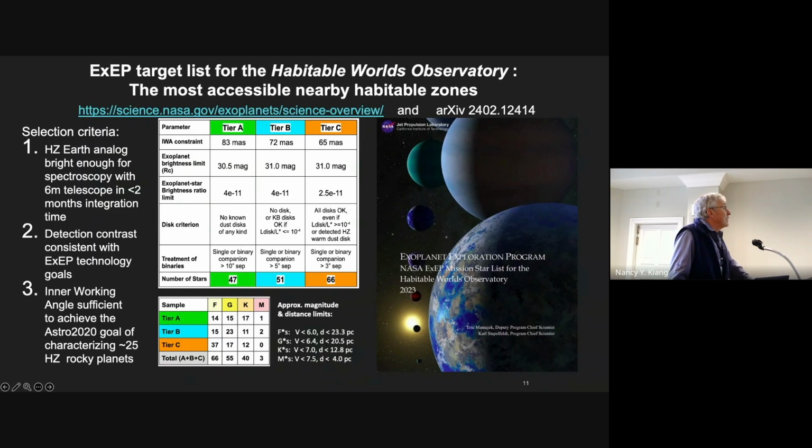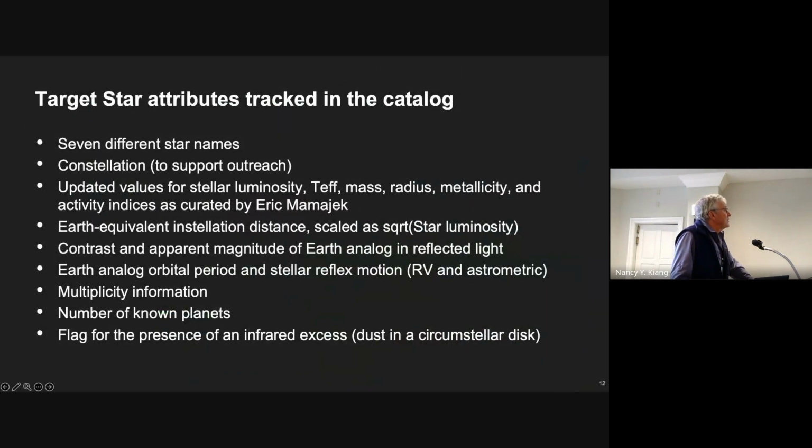The community will observe these targets with ground-based telescopes, with space telescopes and X-rays and so forth. They'll scrutinize this list and find out if there are some that should be thrown out for one reason or another. This list includes a lot of data and tables available at the NASA Exoplanet Archive.